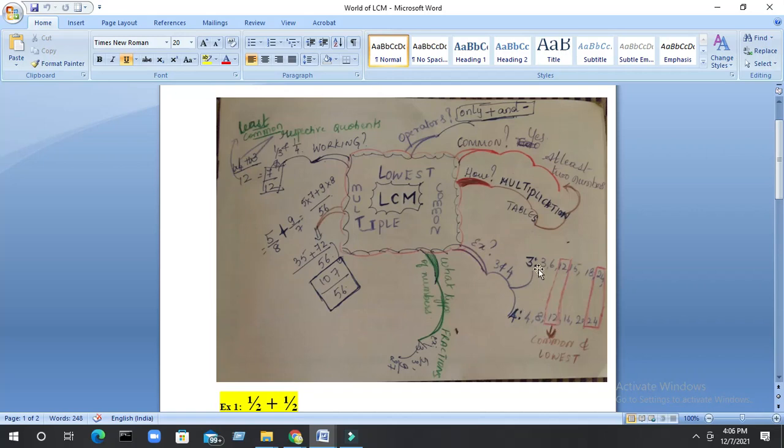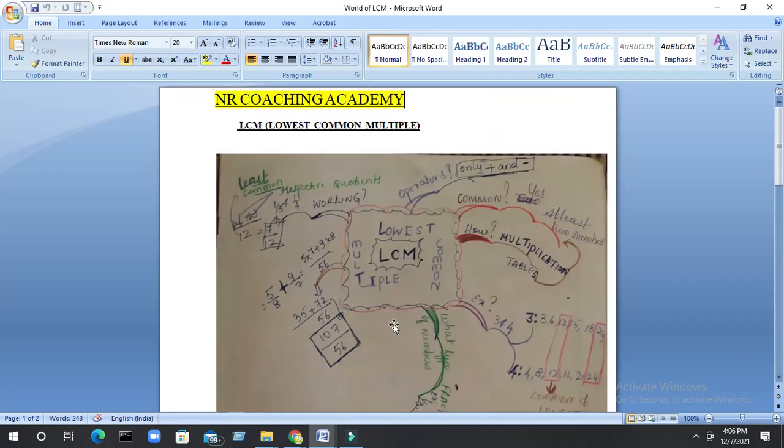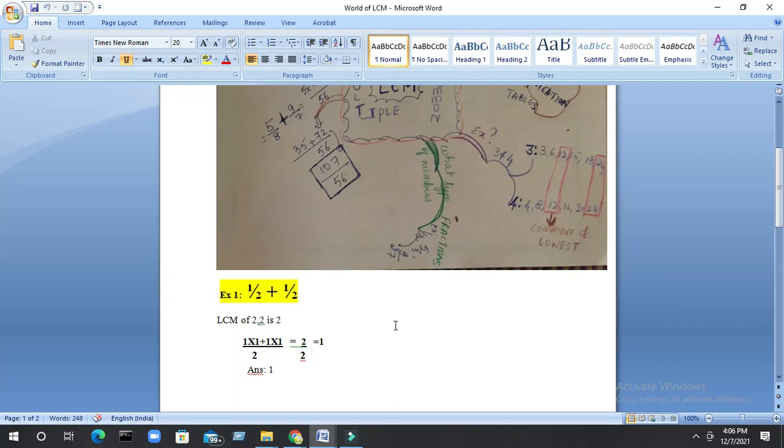The lowest common one among the tables of 3 and 4 was 12. Where exactly do you find the need for LCM? It is in our fractions, for example 1 by 3, 5 by 3, 2, 9 by 27. On the left side, I have given you a direct working of LCM.